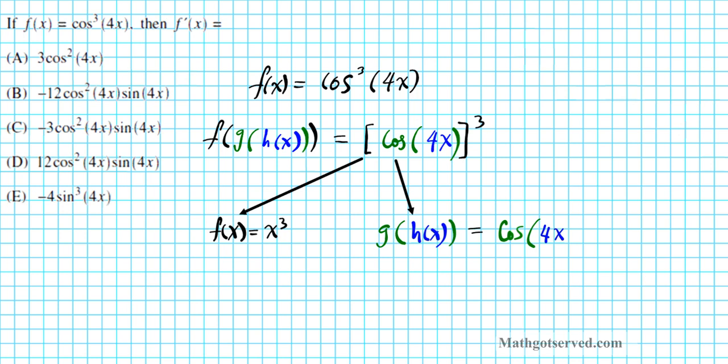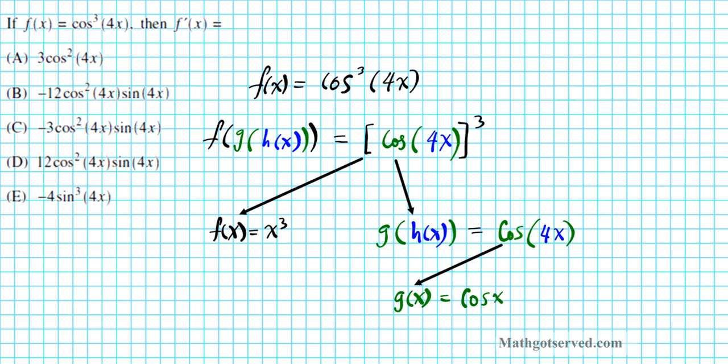Now we're going to decompose g of h of x again. To decompose this, let's pull out the outer function, g of x. G of x is the cosine function, cosine x.